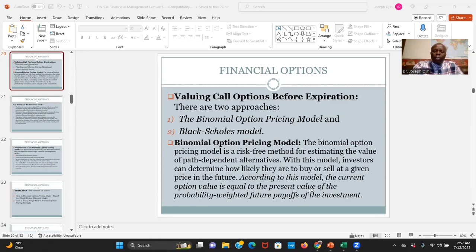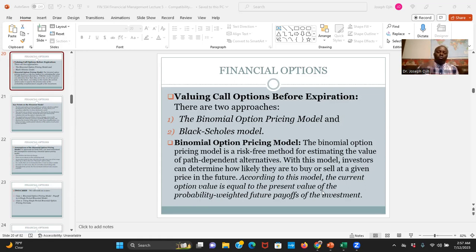Now, according to this model, the current option value is equal to the present value of the probability-weighted future payoffs of the investments. The Binomial Option Pricing Model is a form of a risk-free method for estimating the value of path-dependent alternatives.